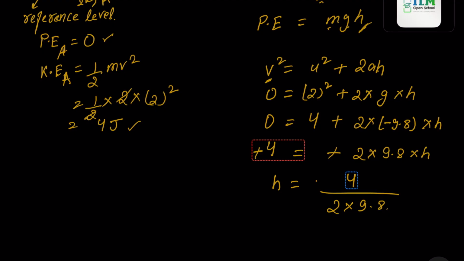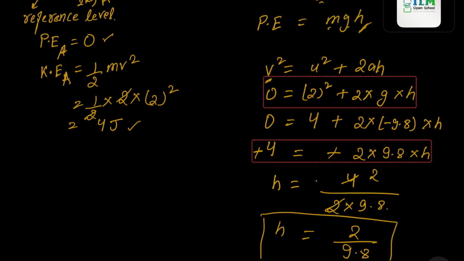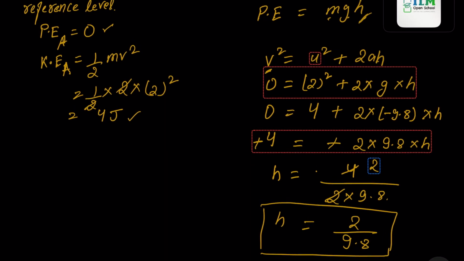Just simplify it a little bit, then we leave it. This cancels out with this, so we get 2 upon 9.8. Why am I leaving it here? Because if I solve this, it comes out as some fraction only. So I will do the overall calculation at a later stage, so that it will be easy.